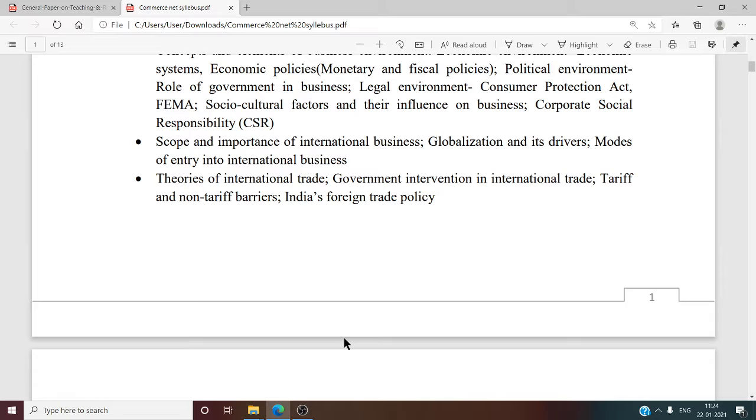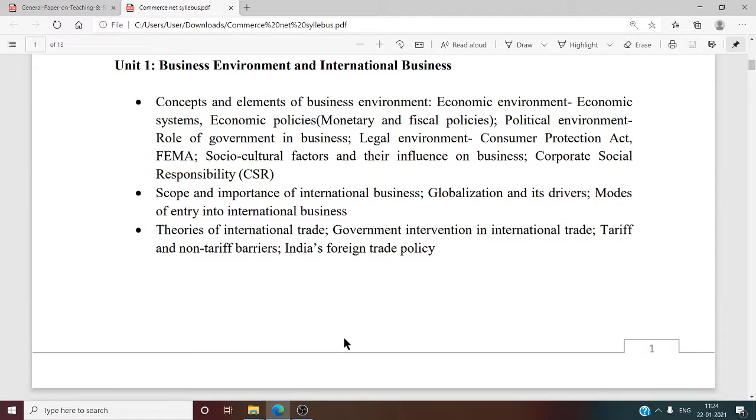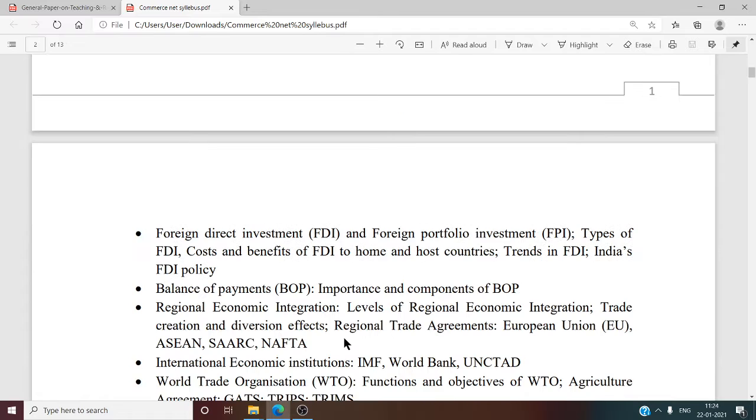The chapter name, we know, that is unit number 1, business environment. And along with the business environment, international business is also added.